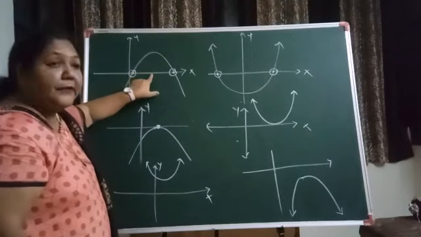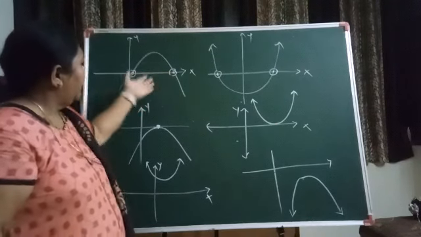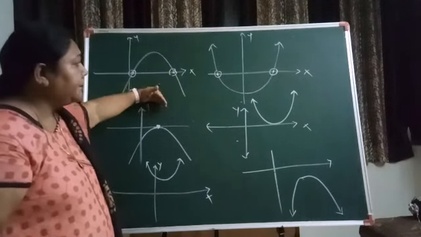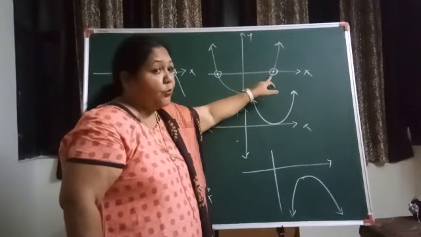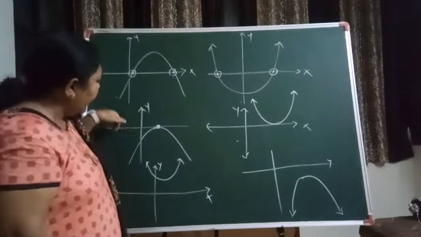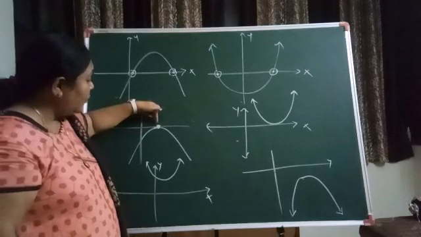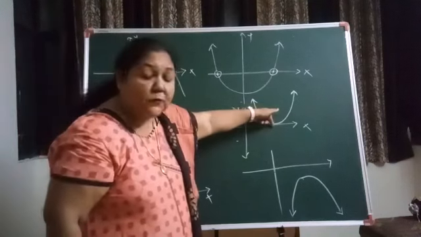Now see the graph here, it meets the x-axis at 2 points and it is downward opening. Here it meets the x-axis at 2 points, it is upward opening. Here it touches the x-axis only 1 time and here it also touches 1 time.